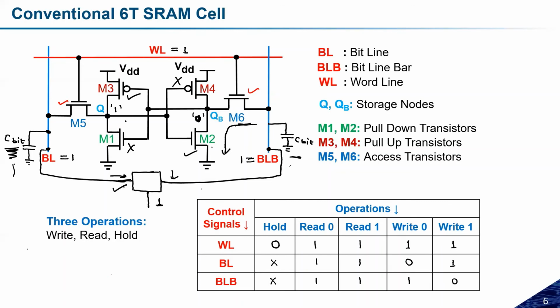So it depends on the comparator. Yes. Sir, are you going to explain the comparator? The sense amplifier, yes, if I get time, then I will explain it. I will try to touch it because we have 7 or 8 lectures left, so I will try my best to cover as much as I can.